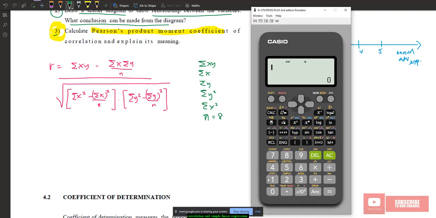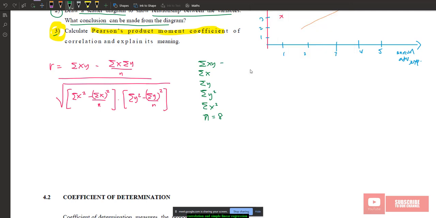Right. So next step, we click on shift 1 for stat. You can see stat here, 1. And then click on sum. We want to find sum, number 3. So this is all the value we have. Summation of xy is number 5, equal to 146.